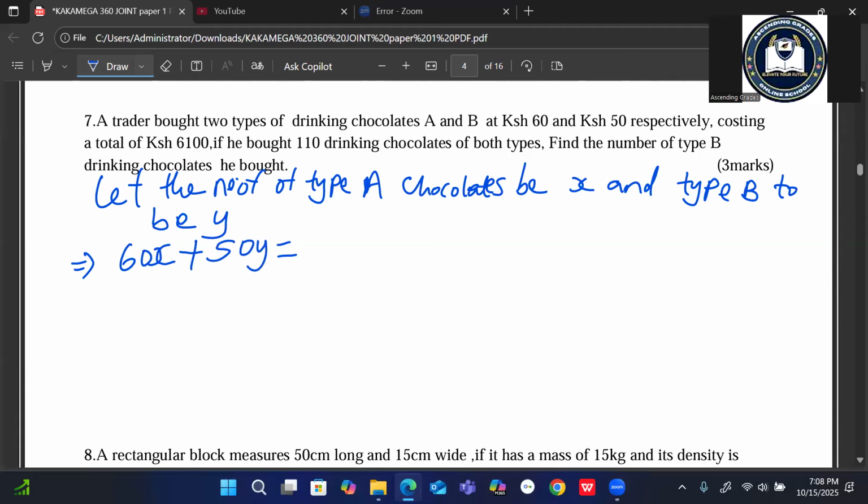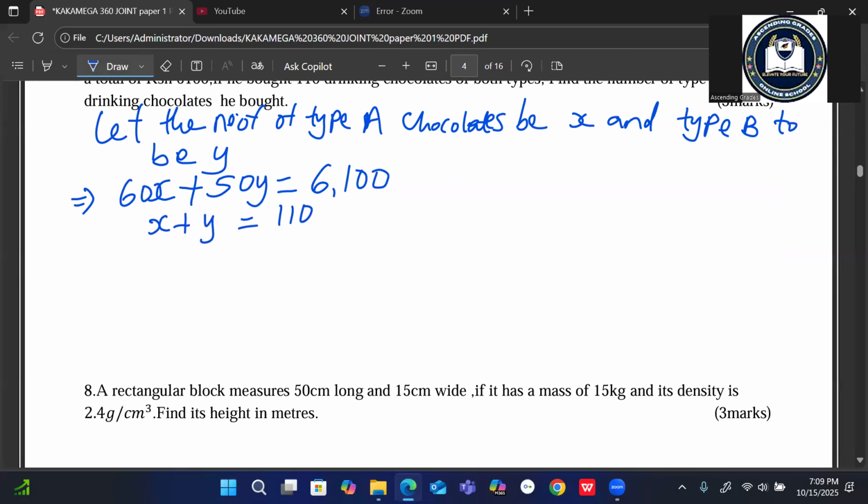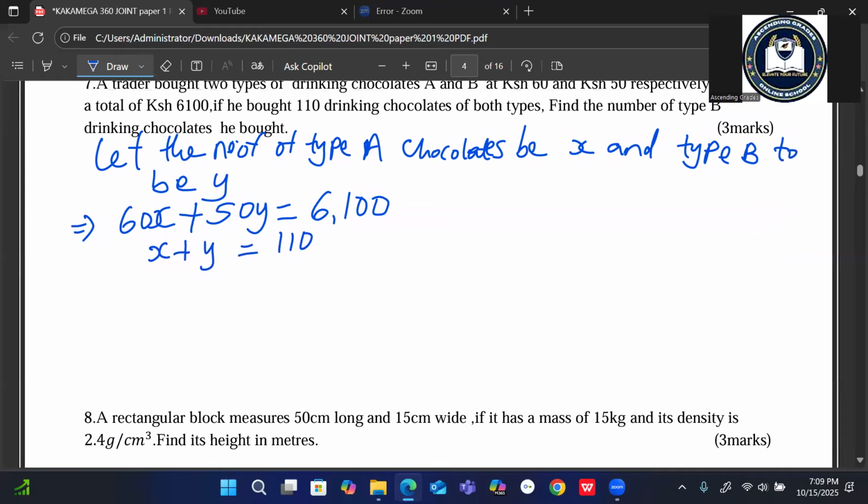The total spent is 6,100. Now, if he bought 110 chocolates of both types, then type A and type B should add up to 110. So X plus Y gives you 110. So we have two equations, so we can use the substitution method.